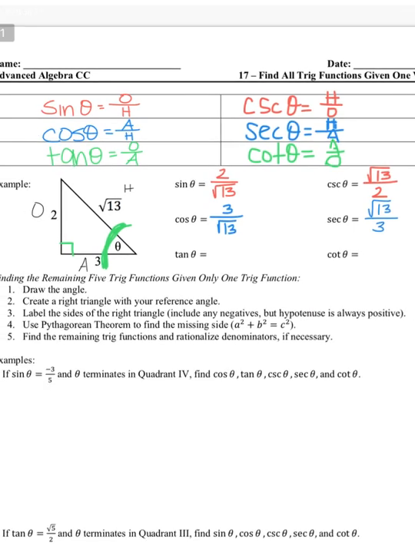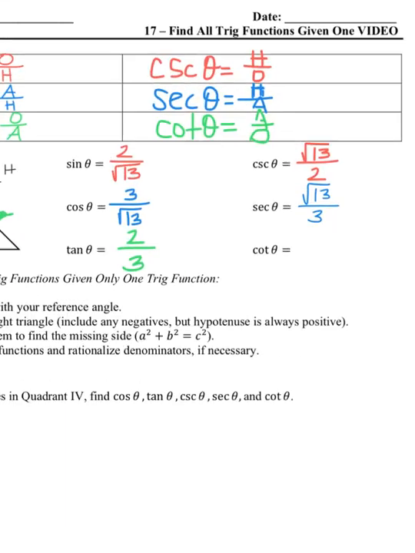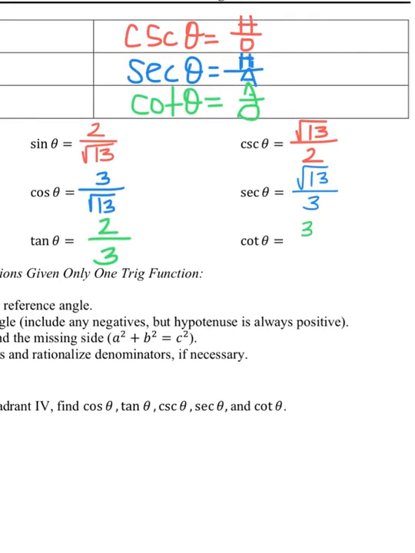And then lastly, tangent. Tangent is opposite over adjacent. Opposite in our triangle is 2. Divided by adjacent is 3, which means the cotangent is 3 over 2.